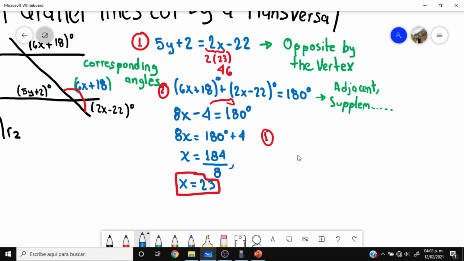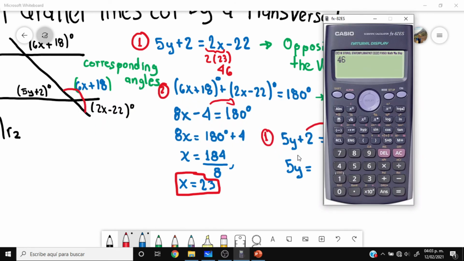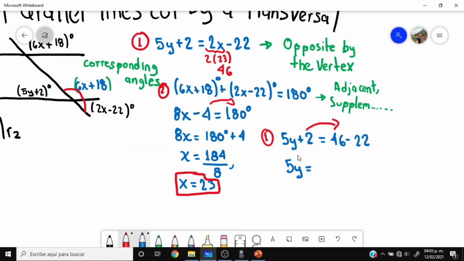So it's going to be 5y plus 2 equals 2x, but I already found the value, and it is 46 minus 22. So 5y equals, this positive 2 moves to the other side as negative 2, and 46 minus 22 equals 24. So this one is 24 minus 2.